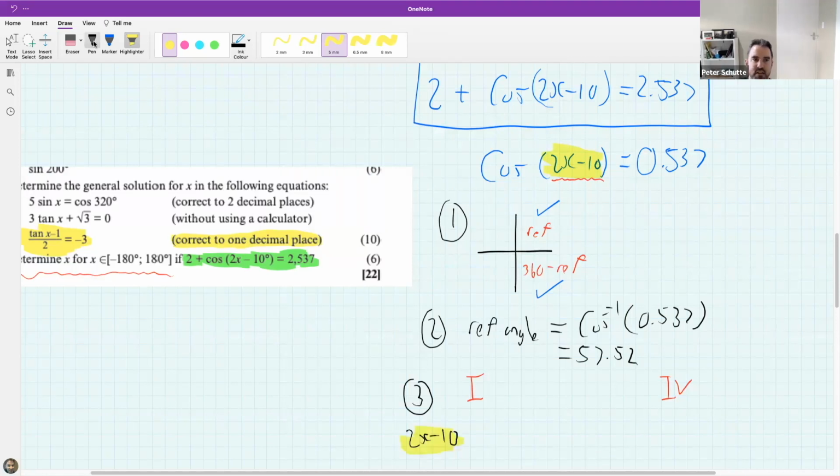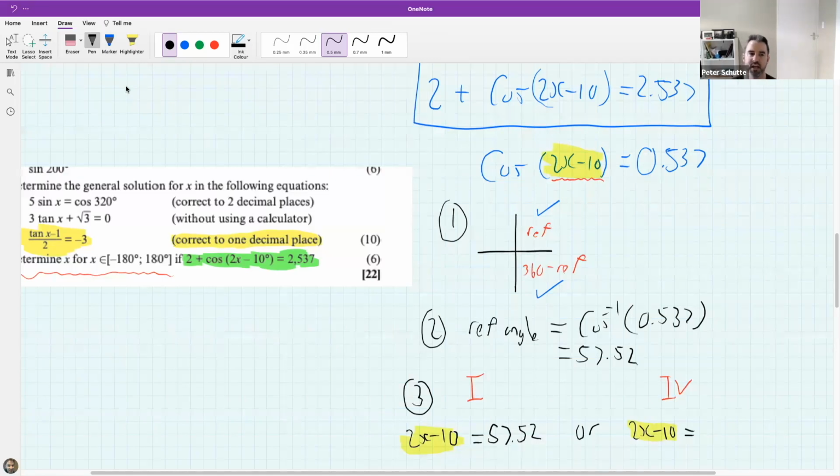And that is going to be equal to 57.52. Or we could say that 2x minus 10 equals, what could 2x minus 10 also equal?